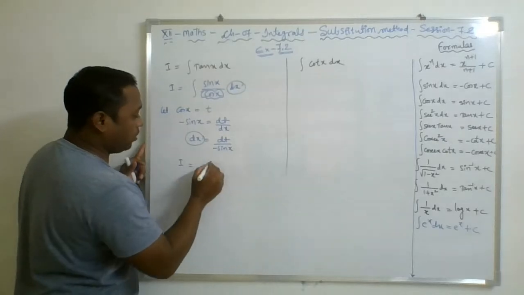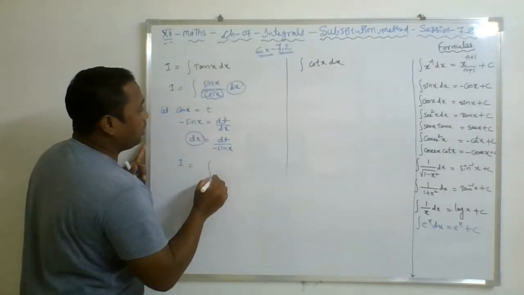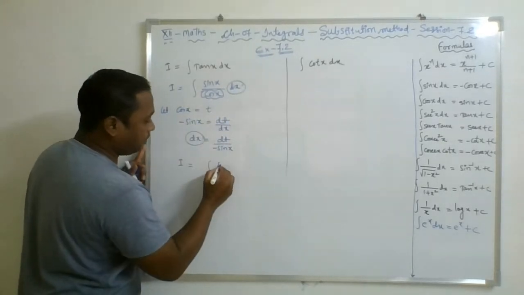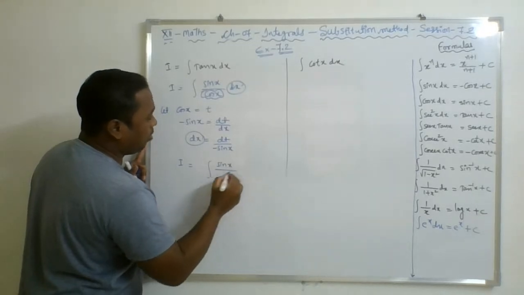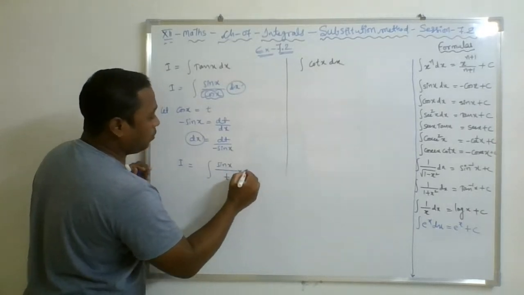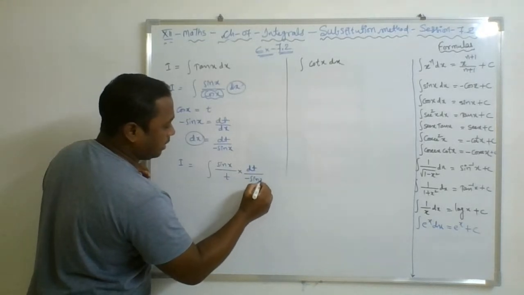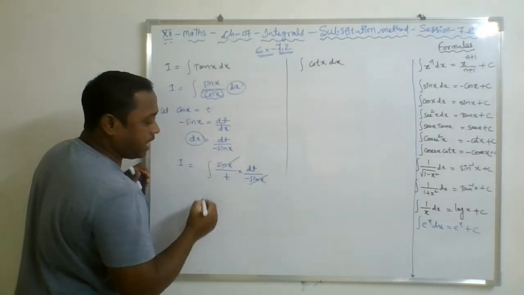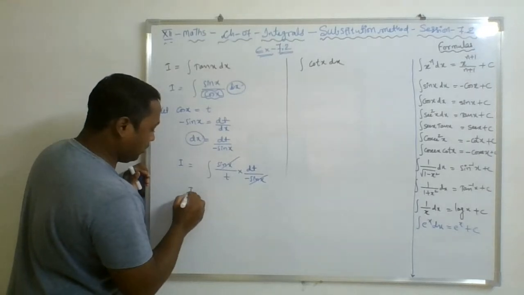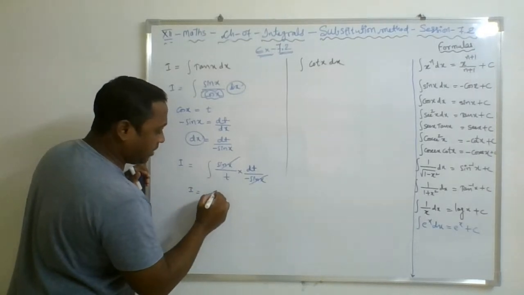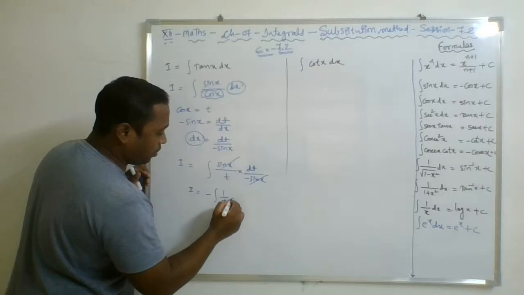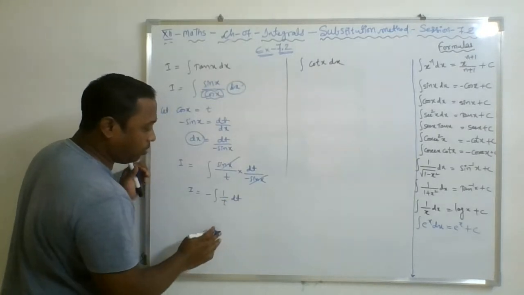I is equal to the integral of sin x upon t into dt upon minus sin x. So sin x will get cancelled, and the minus can be taken outside so that we can have a perfect formula.